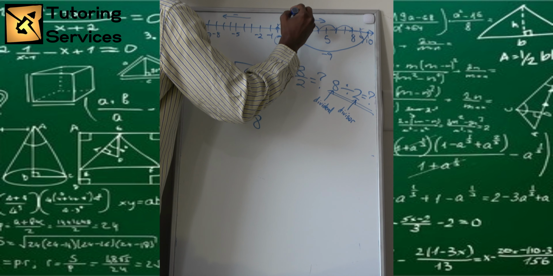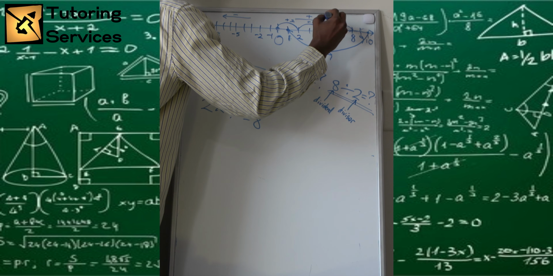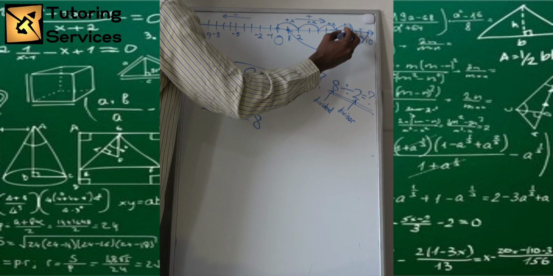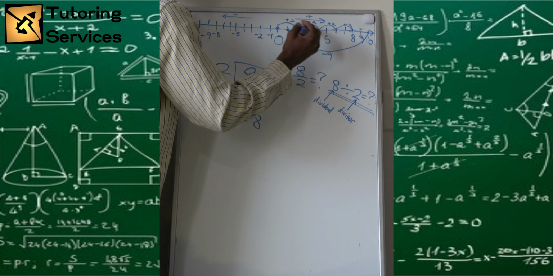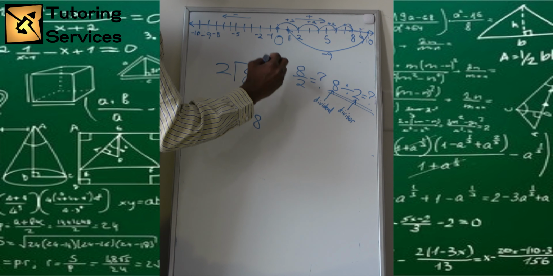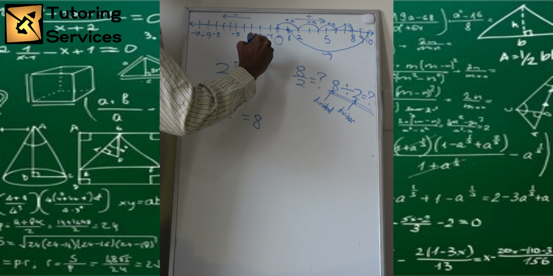So plus 2, plus 2, plus 2, plus 2. We went from 0 to 8 by adding 2 four times. So that's 4. The answer you're looking for, the quotient, would be 4.